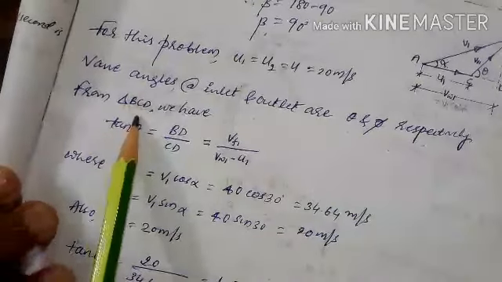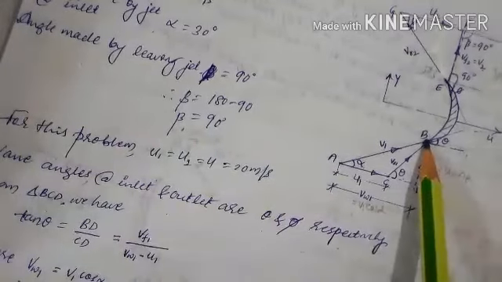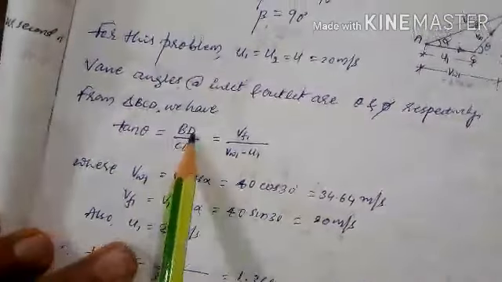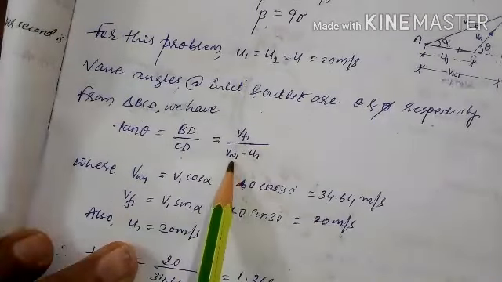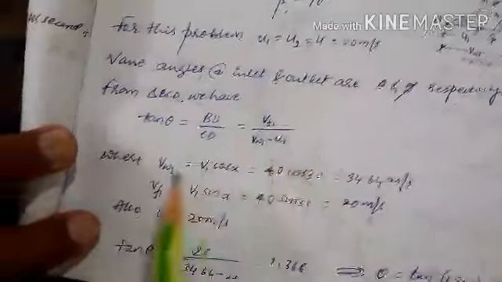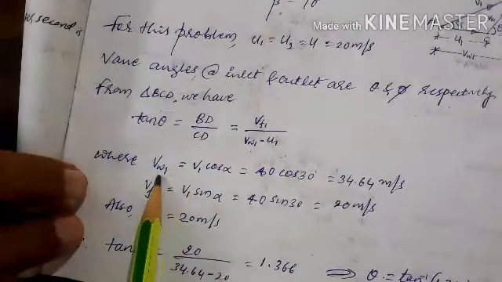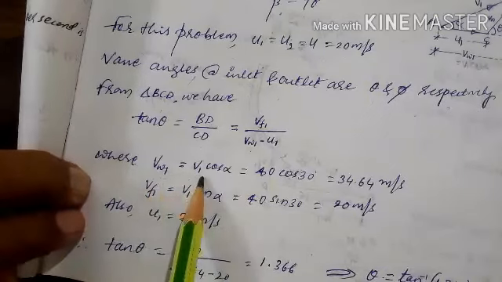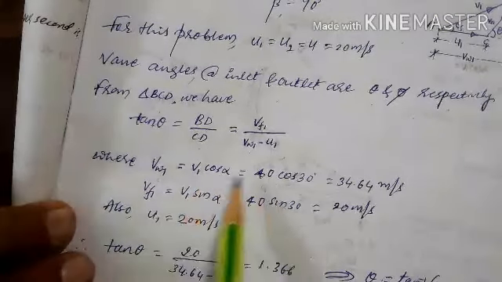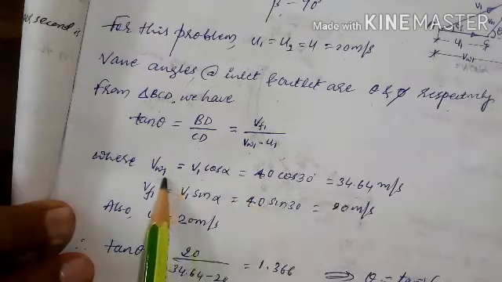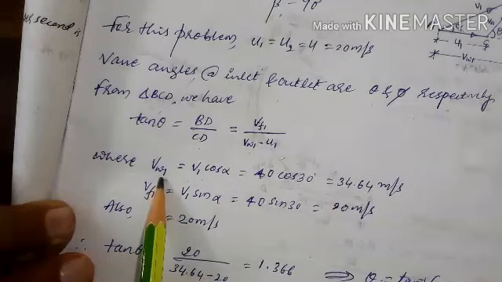Then from the inlet velocity triangle BCD, apply tan theta equal to BD by CD, that is Vf1 by Vw1 minus u1. Vw1 is the component of V1, that is V1 cos alpha. V1 and alpha are given, substitute and get the value; this is the whirl velocity at inlet.